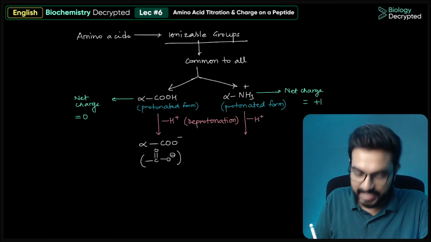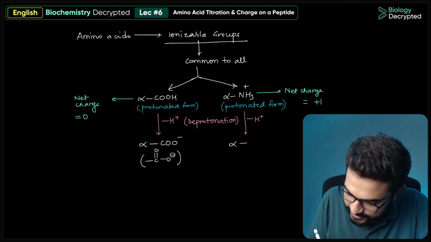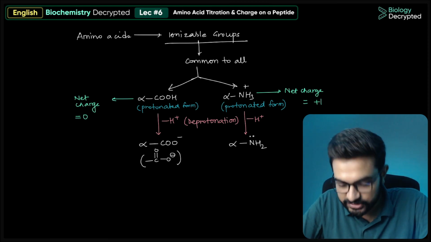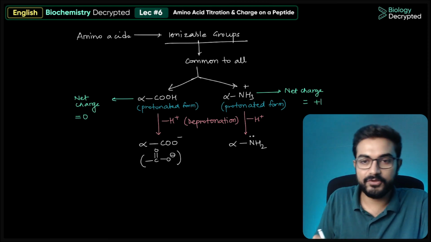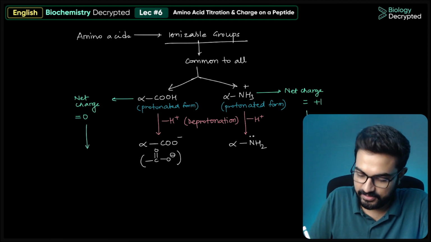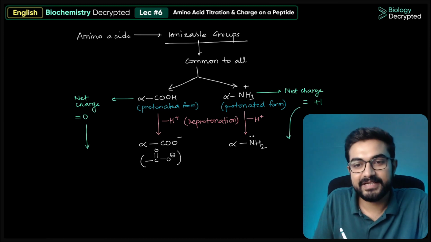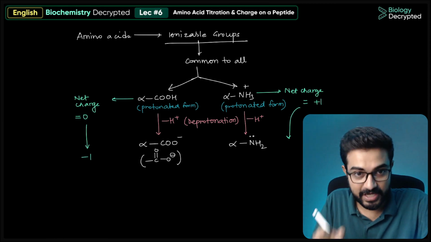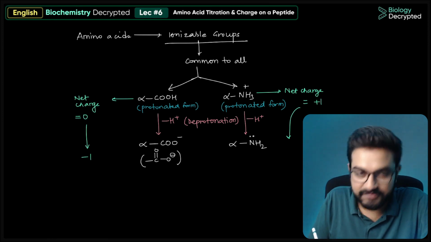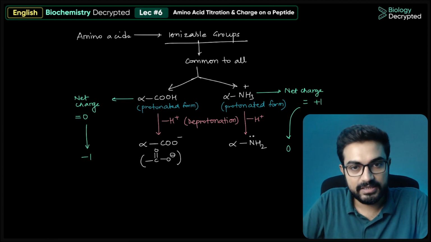Similarly, if NH3 plus is losing a proton, this is your alpha amino group with its intact lone pair. Now if we again measure the net charge, in case of the carboxylate ion it is -1, and in case of the alpha amino group, from +1 it is becoming 0.